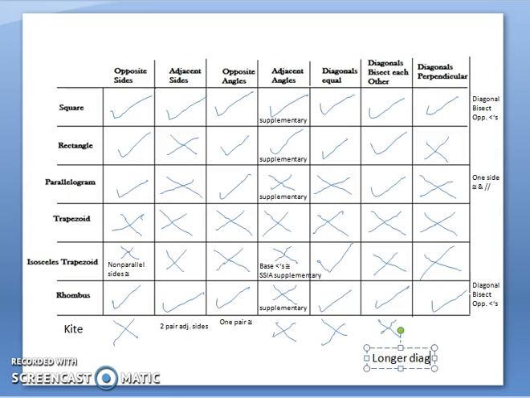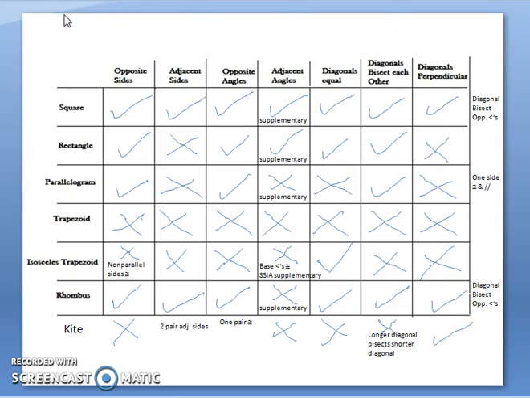Longer diagonal bisects shorter diagonal. Okay, so our longer diagonal bisects the shorter diagonal. And are the diagonals perpendicular? Yes, they will always be perpendicular.